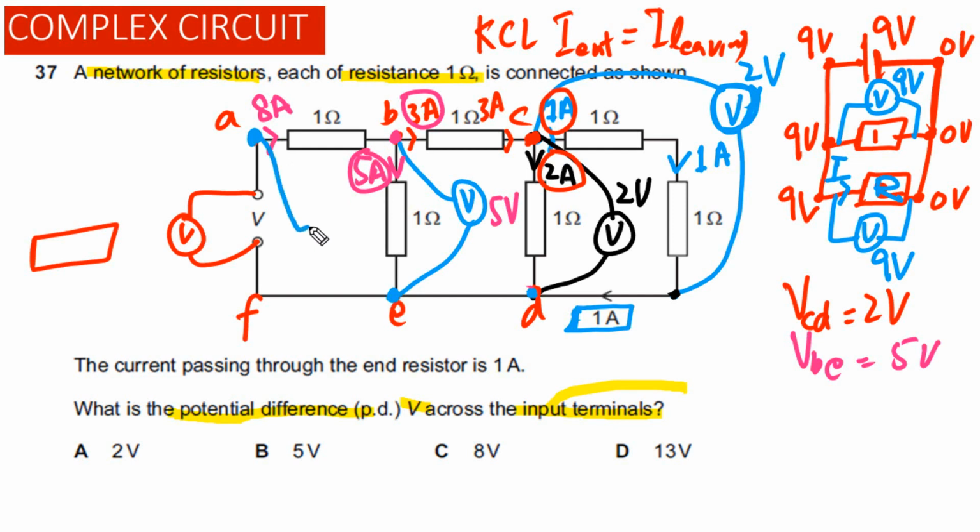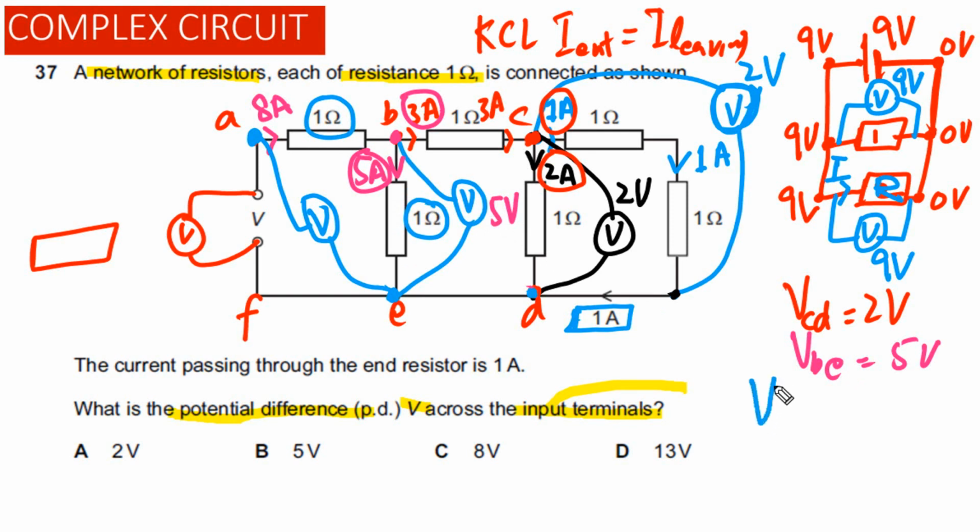Let's say we attach a voltmeter between A and E. What will be the reading on this voltmeter? That reading will be equal to the potential difference across this resistor plus the potential difference across this one. The potential difference across this resistor is 8 volts and across this one is 5.